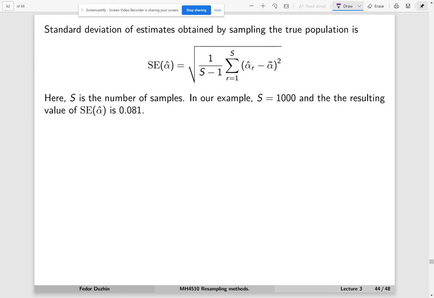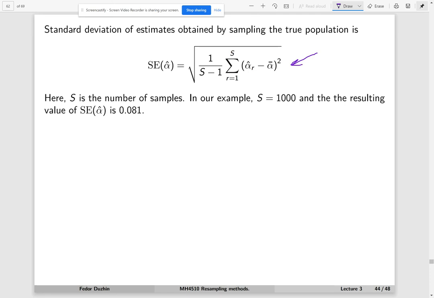Well, this is from the basic probability course, how we can estimate the standard deviation. The standard error is the square root of the variance. To be honest, this is a biased estimate for the standard error, but in any case, this is the one that is usually widely used in practice.